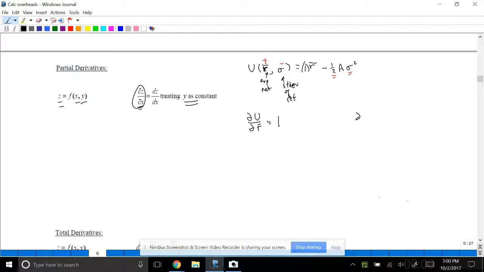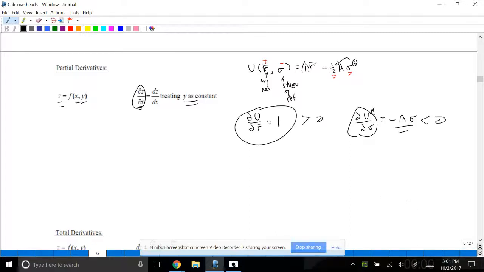And if we take the derivative of utility with respect to the volatility, what we do here is take the first derivative of that, it cancels out with 1/2, and it's going to be negative A times the volatility. All right, so this conforms to our intuition. As risk goes up, our incremental amount of utility is negative, and as expected return goes up, our utility increases.